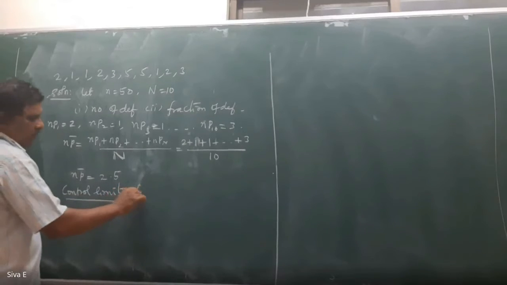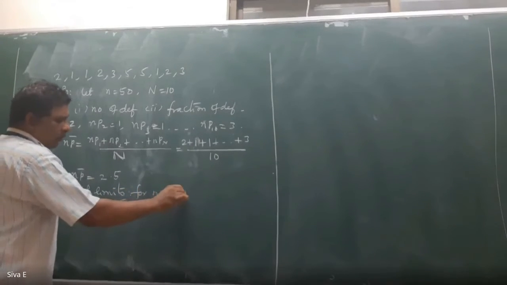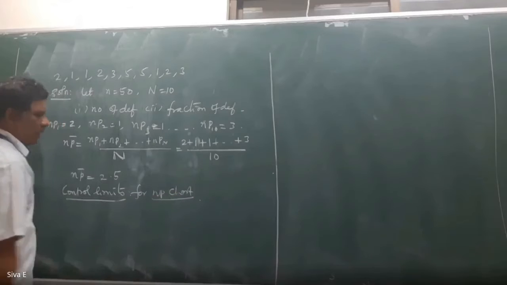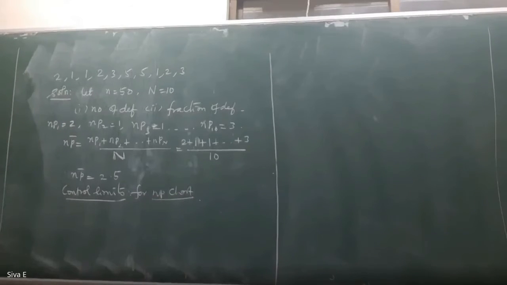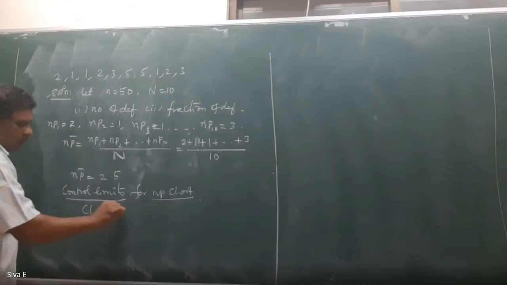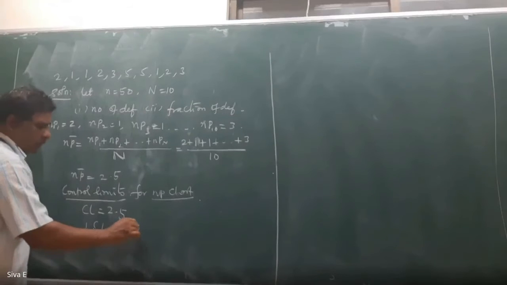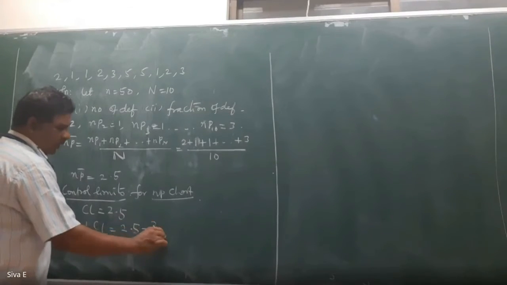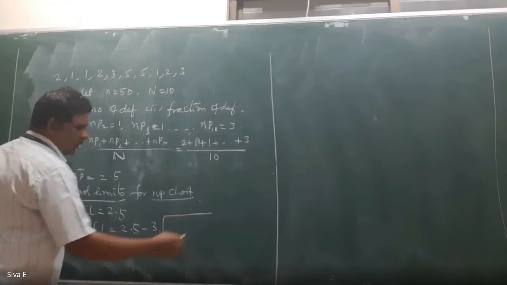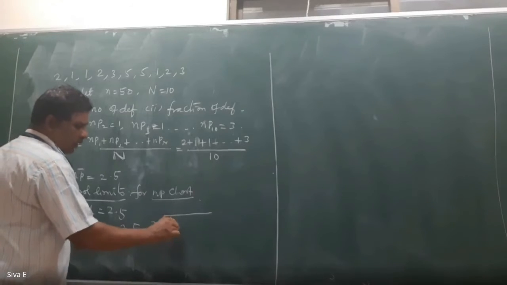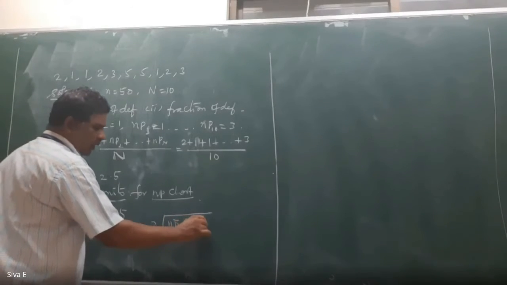Therefore, control limits for NP chart: CL is 2.5. LCL equal to 2.5 minus 3 into square root of NP bar into 1 minus P bar.